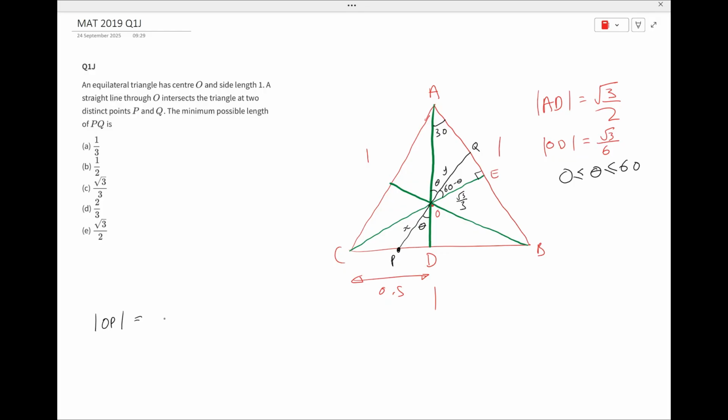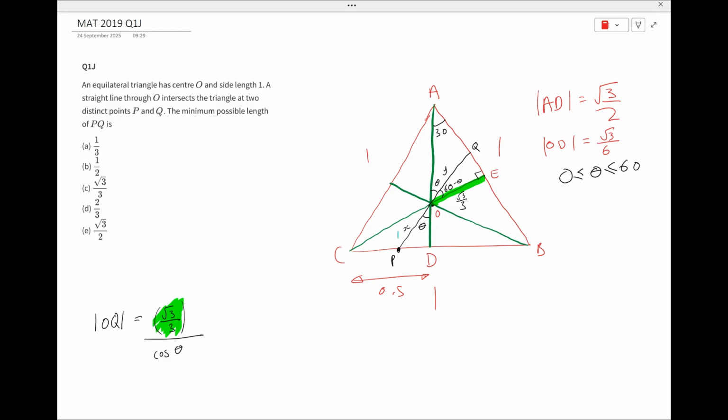So OQ, which is Y, is going to be root 3/3 all over cos theta. The way we found that is by saying that root 3 over 3 is this line here, and then I divide by cos theta, because that's adjacent to this angle and I want the hypotenuse, and OQ is the hypotenuse.